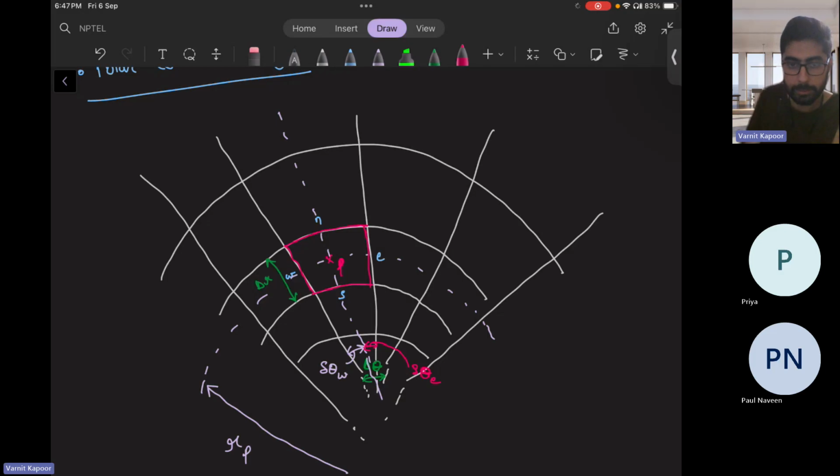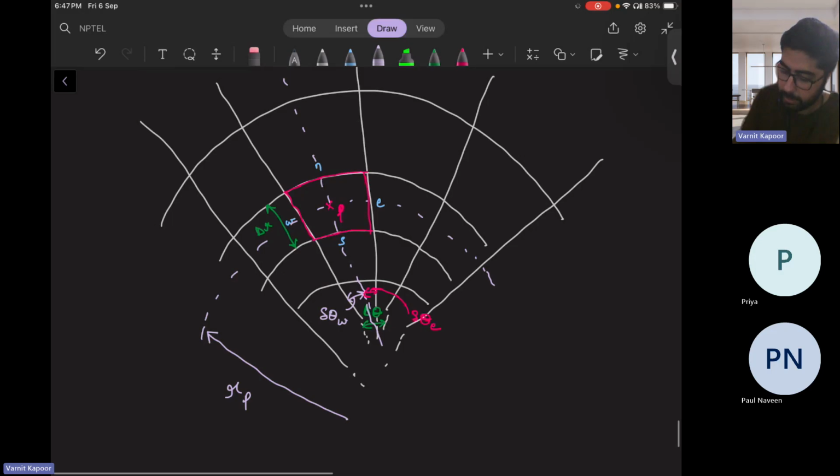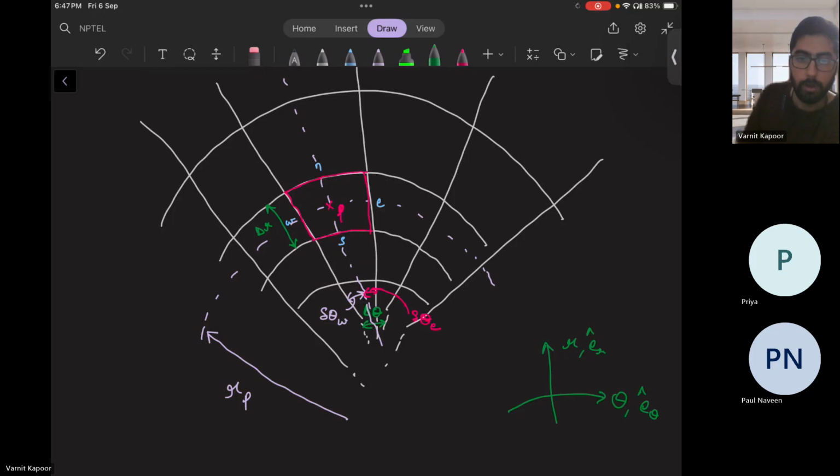The coordinate system looks like this. So this is your theta direction. This is your r direction. The r unit vector is e_r, and for theta this will be e theta hat.